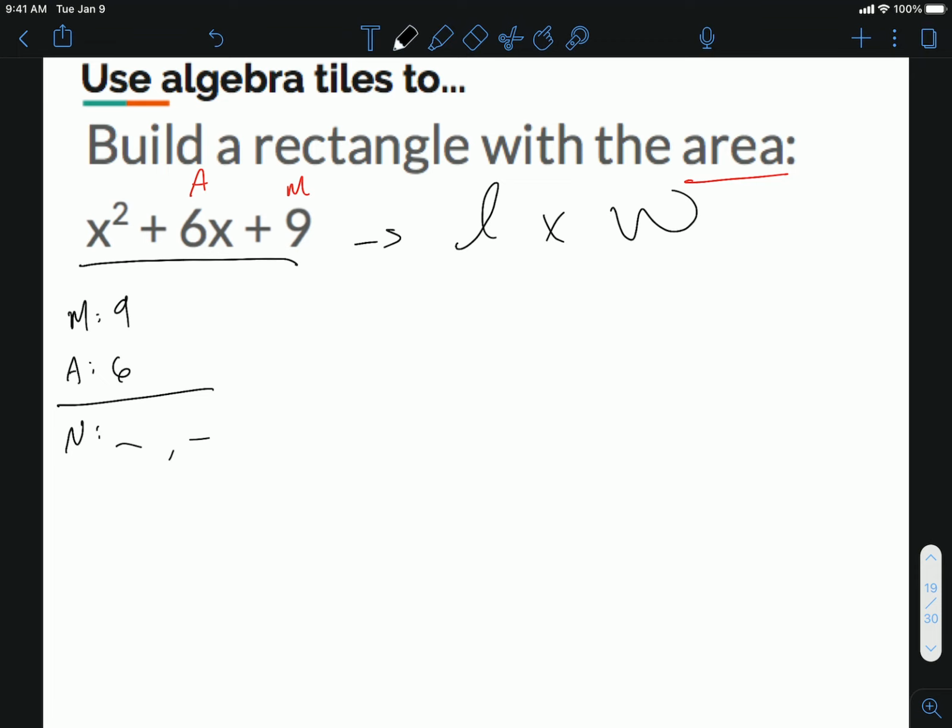You're going to say x plus 3 is the length, and then you're going to multiply that against x plus 3, right? So you can see now, as we start to build these areas and come up with the length and width, you can see conveniently, it looks like 3 and 3 are the magic numbers that satisfy this condition.